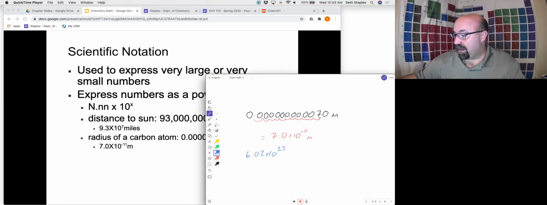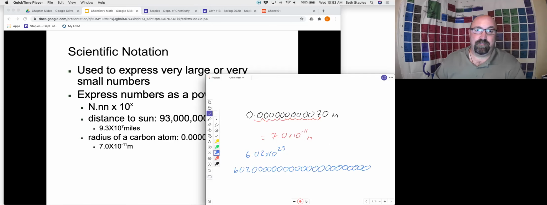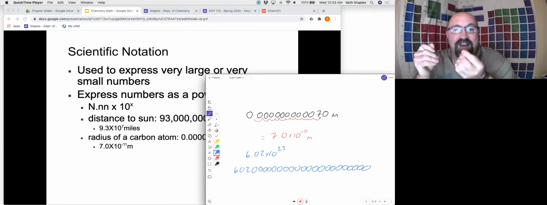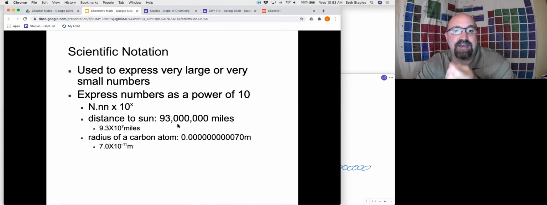And so that ends up being, when we convert that out, 602 with 21 zeros after it. An incredibly large number. Regular calculators that are not scientific cannot handle numbers like that. And so we need scientific calculators that are able to deal with scientific notation.